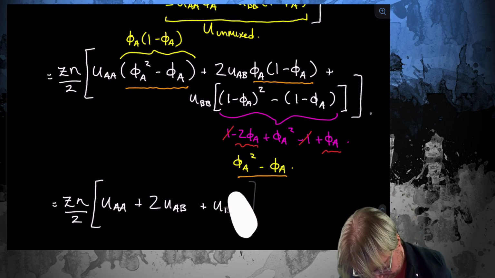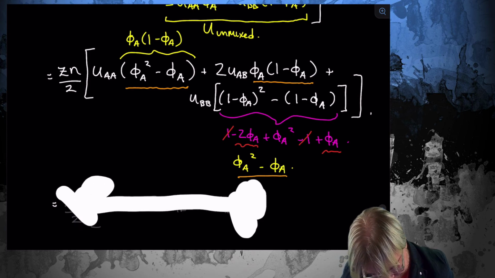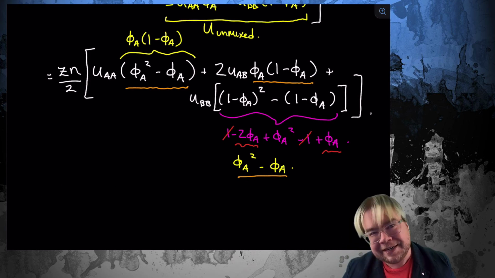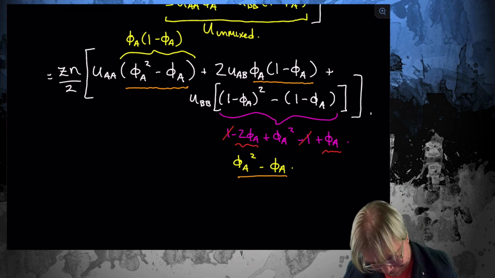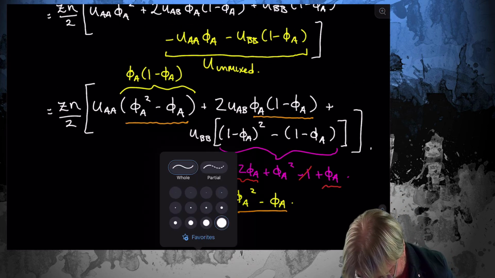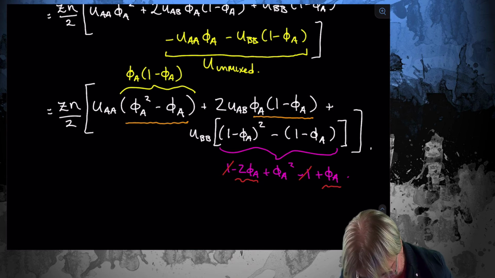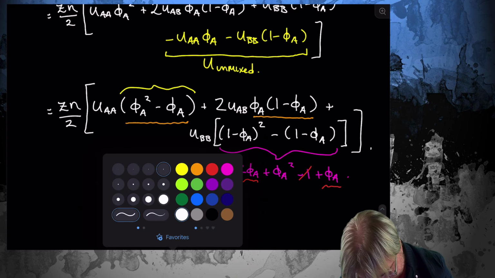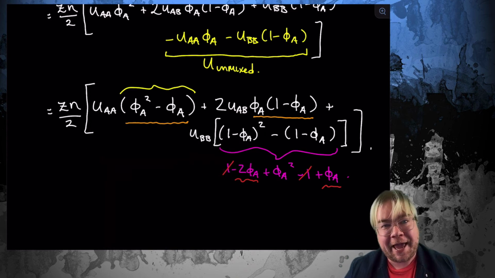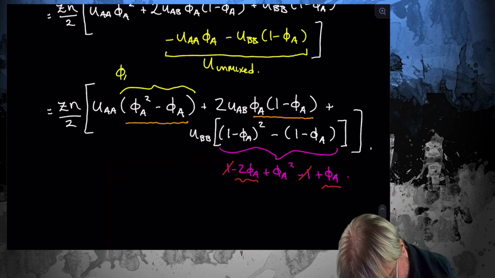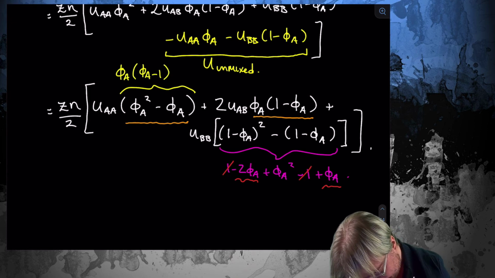and now we get to the first mistake. I'm missing a minus sign. Every single time. Bane of my existence. Okay, so if I factor out phi A from this term, I get phi A times phi A minus 1.